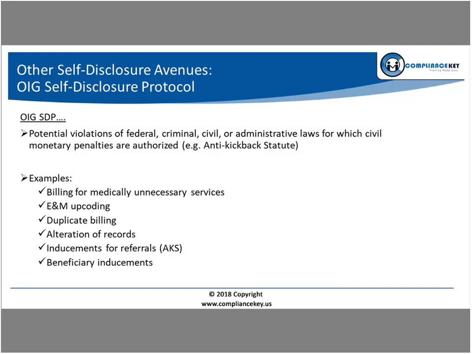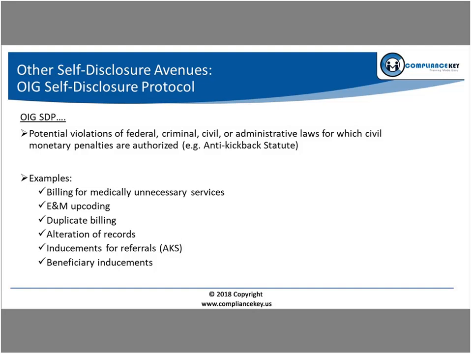And the OIG had intended to offer providers, whether individuals or entities, really a process to voluntarily identify, disclose, and resolve a potential violation of federal criminal law or civil law or administrative law, for which exclusion or liability under the civil monetary penalties law might potentially be authorized. And in terms of what is eligible under the OIG Self-Disclosure Protocol, I just included some examples there.